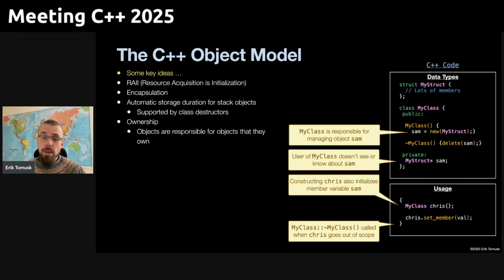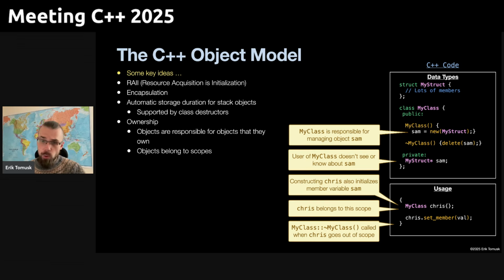That means the wrapper class is responsible for creating the struct, keeping it in a reasonable state if that's what's needed, and then cleaning up after it when the wrapper class itself is destroyed. And in a way, the anonymous scope owns the object. When the scope finishes, the object that it owns also goes out of scope and gets destroyed.